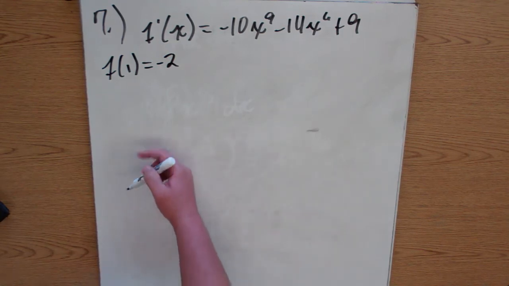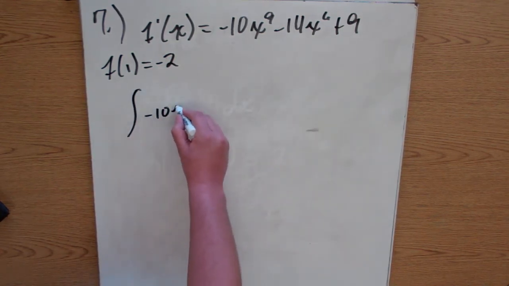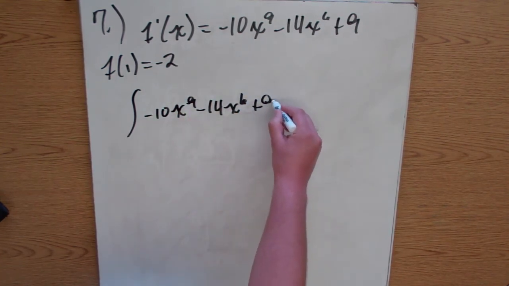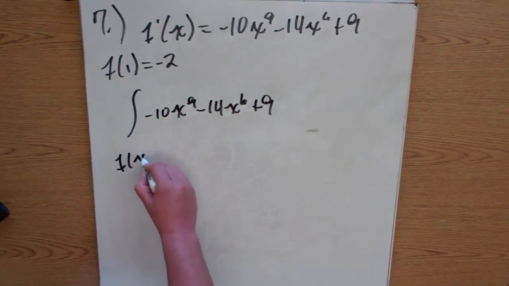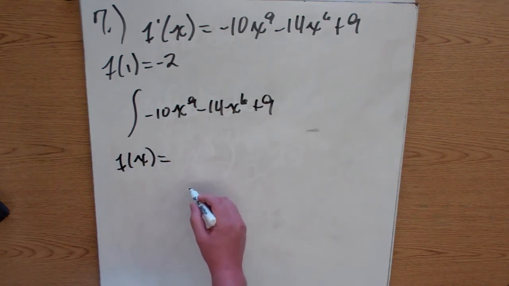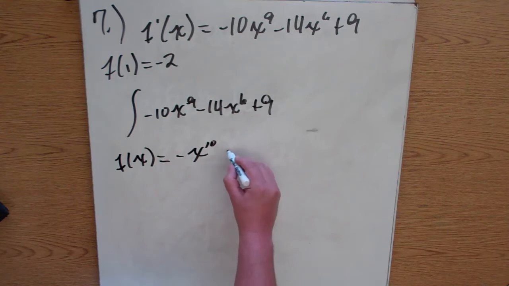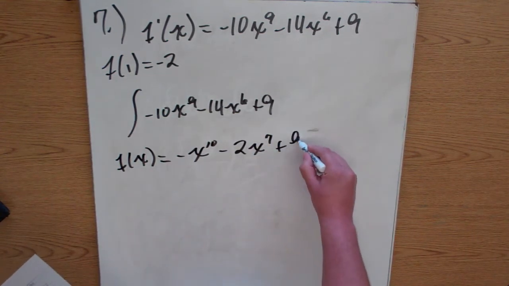Well, the first thing we're going to have to do is integrate. So, negative 10x to the 9th minus 14x to the 6th plus 9. Take the antiderivative, which I know you know how to do. So f of x should come out to negative x to the 10th minus 2x to the 7th plus 9x.